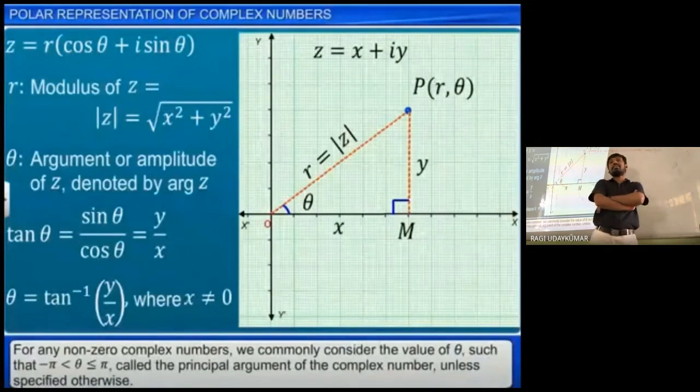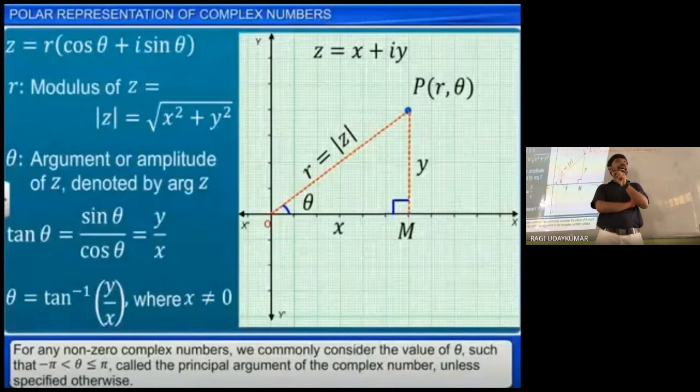The zero complex number is 0 plus 0i. Zero is also a complex number. Do you know, every real number is also a complex number? Suppose I say 2. Is 2 a complex number or not? Yes, 2 plus 0i.